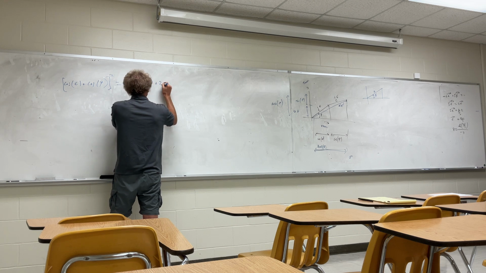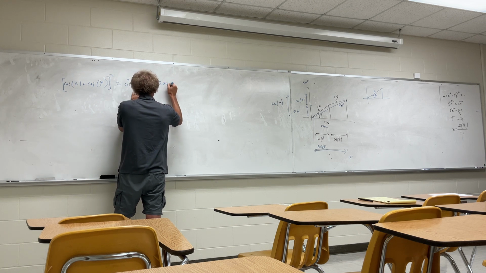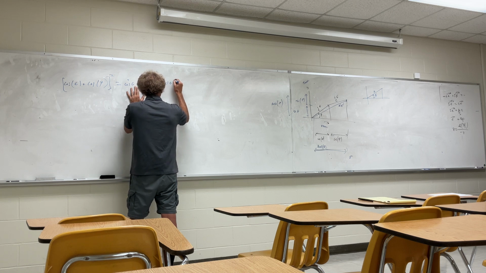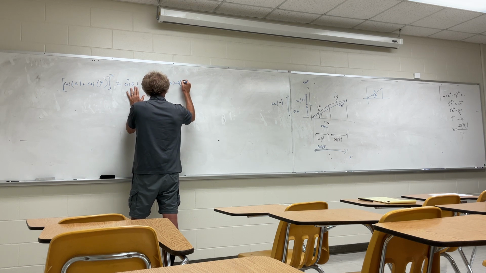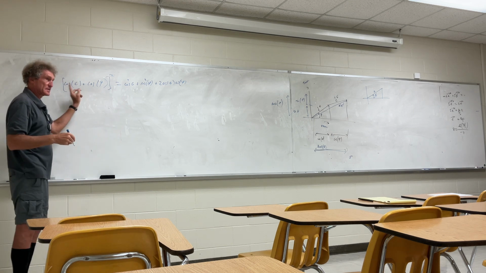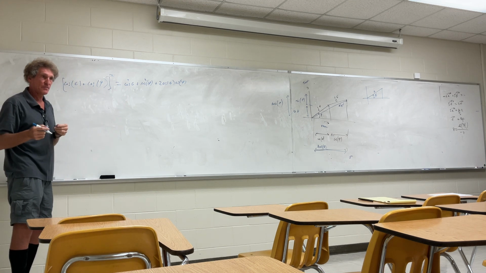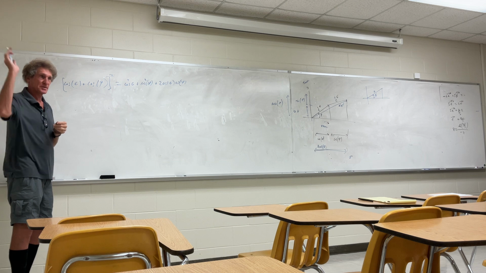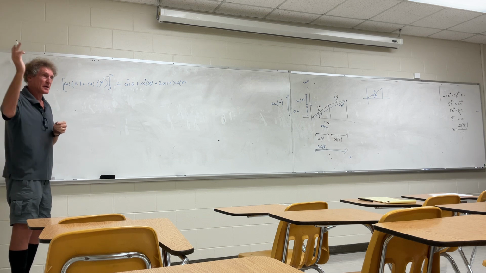Plus 2 times cosine of theta cosine of psi. The reason you get 2 is because you multiply this times this once, then again, and you get a 2. Can you all follow me? How many understand that? All right, just to be clear about it.